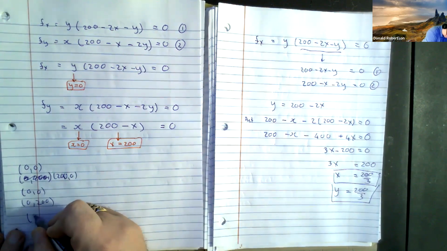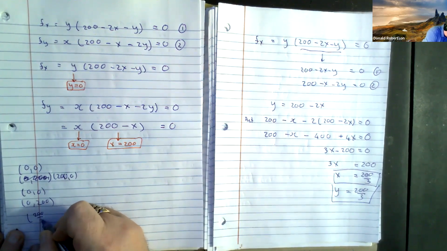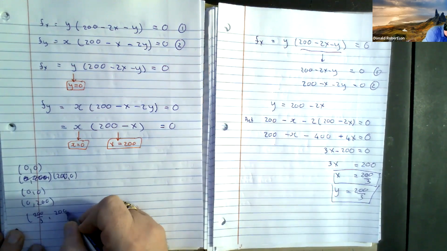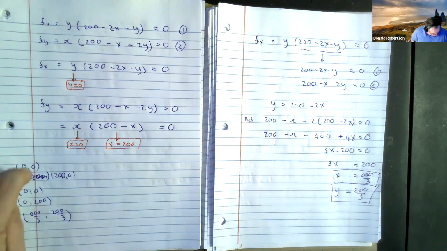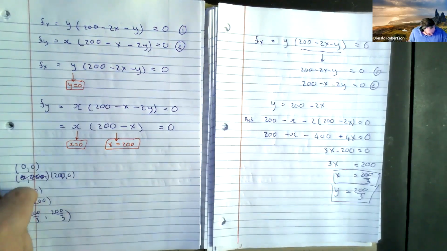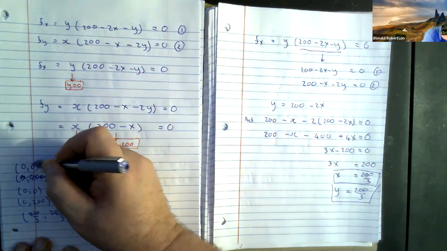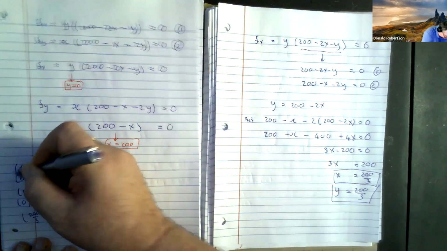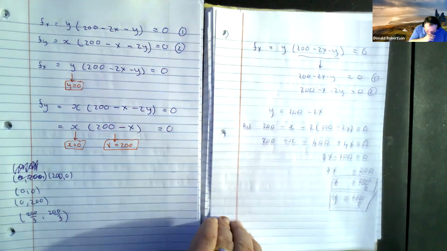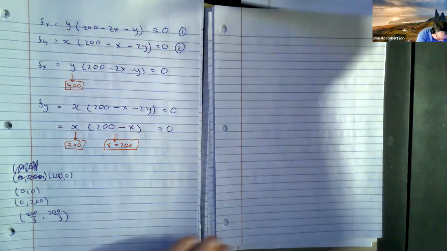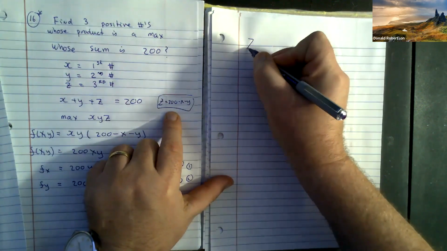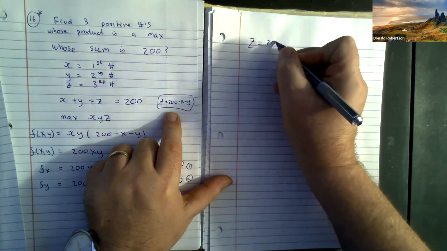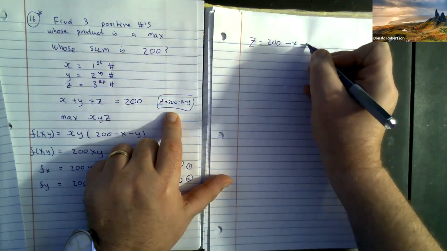So there is one more possible critical number. I've got 0, 0, that guy, that guy, that guy, and that guy. Since this is the same as that one, I'm just going to ignore that. Now, we already know that z is 200 take away x, take away y.